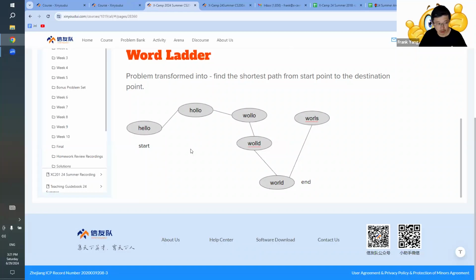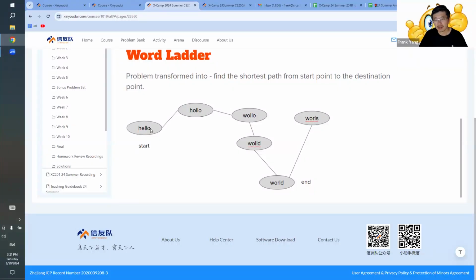Assuming that this dictionary is very small, right? Only 6 words. Assuming hollow, wallow, world, these are all valid words, right? We have a very special dictionary, it's not an English dictionary, right? Some special ABC language dictionary, right?